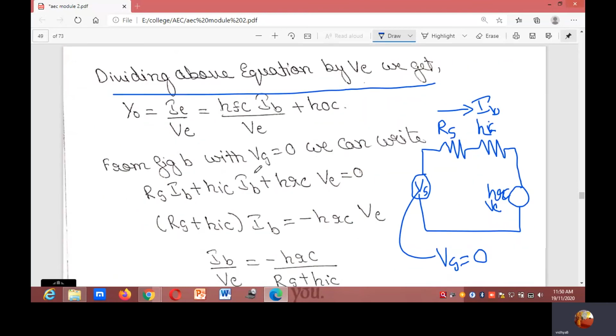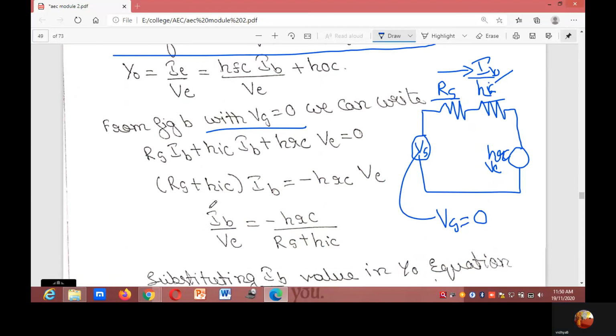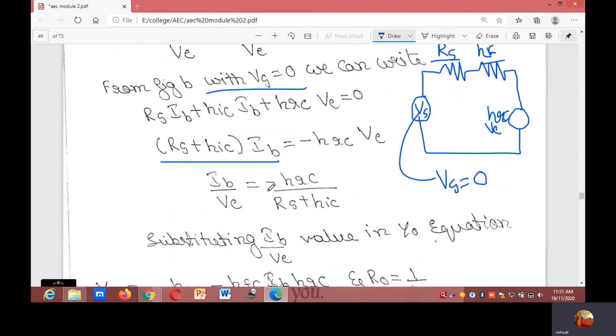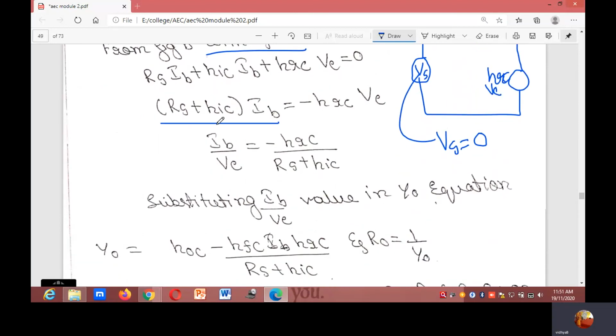From the figure, with Vs equal to 0, the equation is Rs into IB, HIC into IB and HRC into VE equal to 0. From this, taking IB common, we get IB divided by VE equal to minus HRC divided by Rs plus HIC.